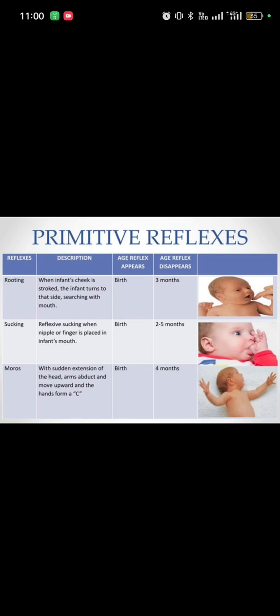You can see that in the third picture. If there is any sound or external stimulus, suddenly the baby will extend the head, and the arms are abducted, meaning spread, and the baby starts to move upward. That is called the Moro reflex; it appears at birth and disappears after 4 months.